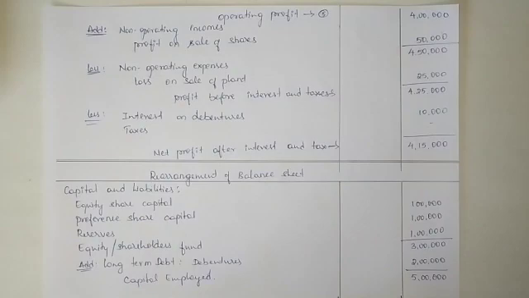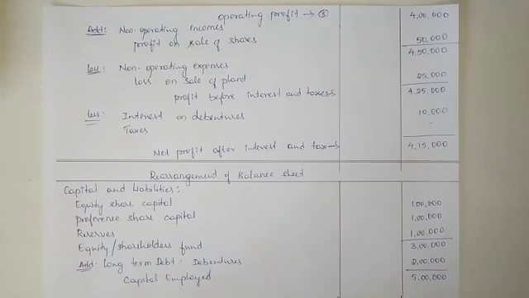Now to the operating profit, we need to add non-operating incomes. If there is any non-operating income, we are going to consider it. Non-operating incomes means those which are not directly related to the business activity. For example, profit on sale of shares.